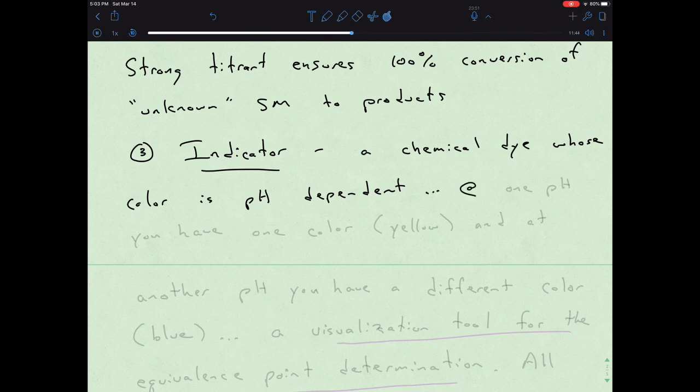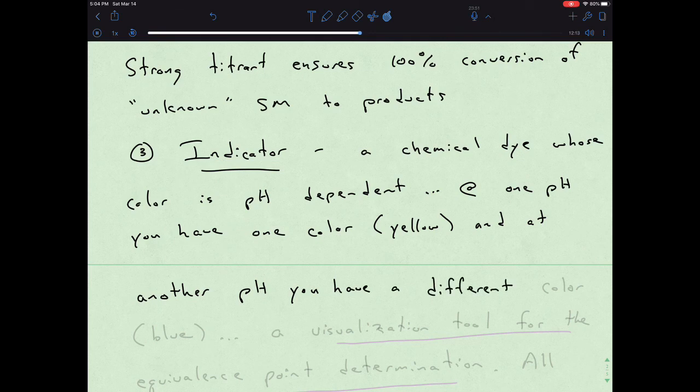So at one pH, you have one color, let's say yellow, and at another pH, you have a different color. Let's say blue.